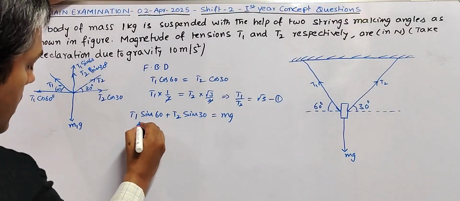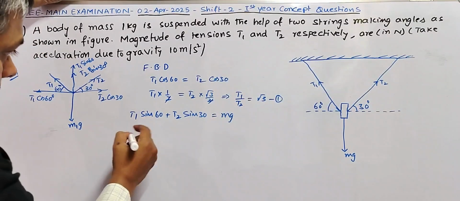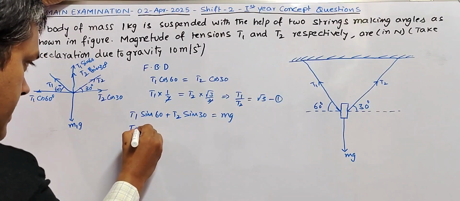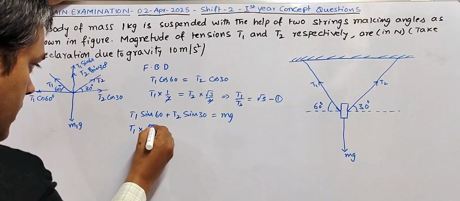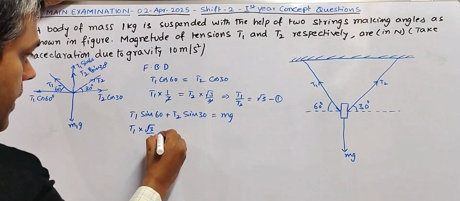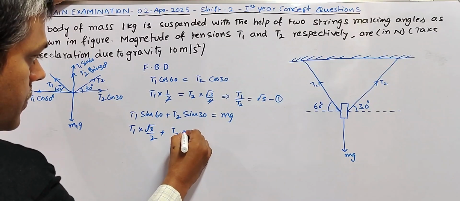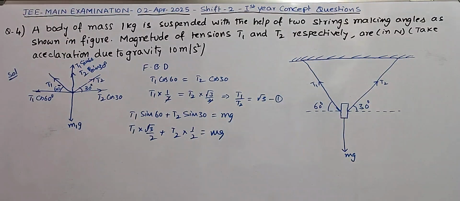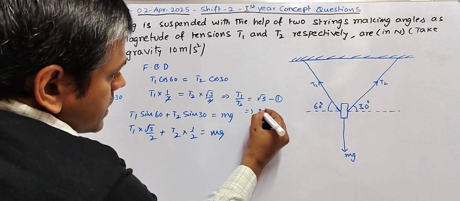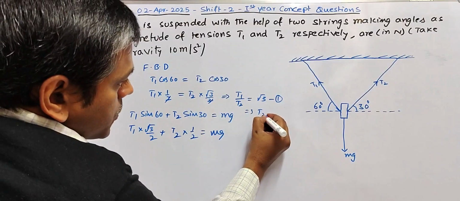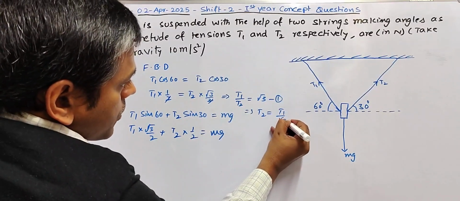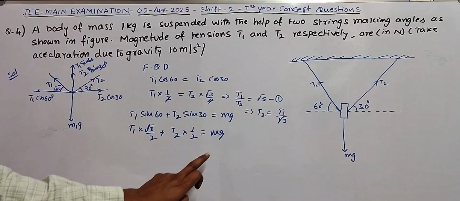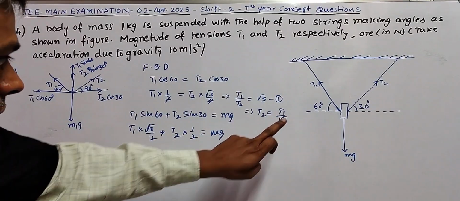So you can write T1 sin 60, which is root 3 by 2, plus T2 into sin 30, which is 1 by 2, is equal to mg. From equation 1 you can write T2 is equal to T1 by root 3. So T2 is replaced by T1 by root 3.